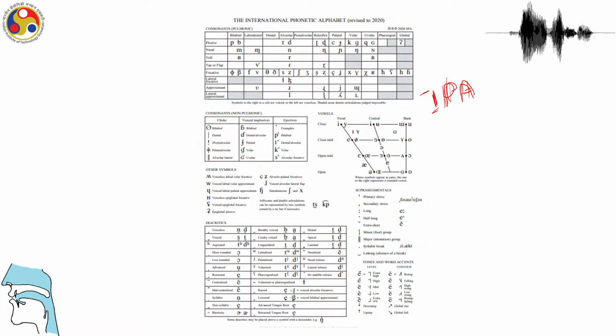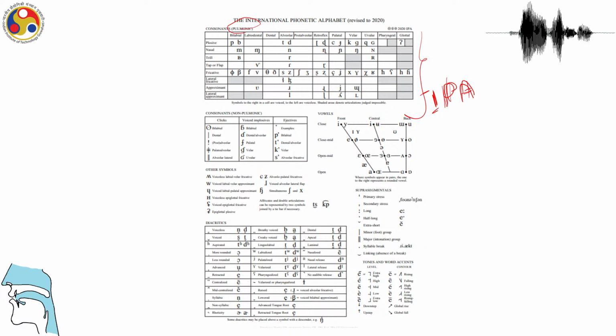And notice that there's not just the consonants. So we have consonants, which has all the pulmonic sounds. So we'll talk about the pulmonic egressive air system, the airstream system which we talked about in the course, and these are the sounds produced from the pulmonic egressive airstream.